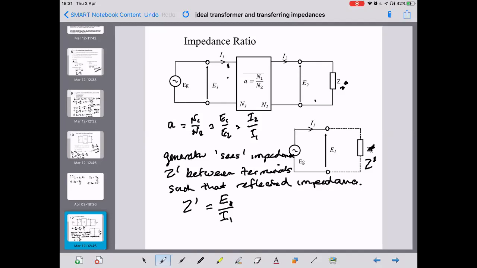You all understand that? If I gave you that circuit and gave you the current and the voltage, you'd calculate the impedance Z dash as being E1 over I1. Yeah? Okay? Yeah, it's fine.